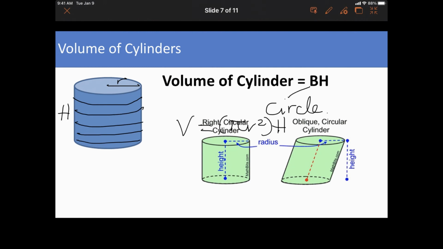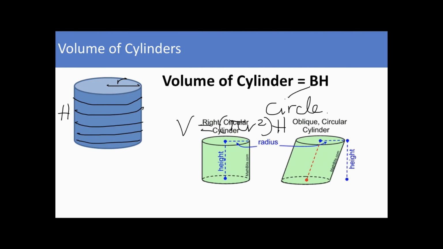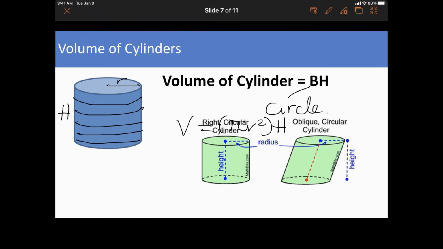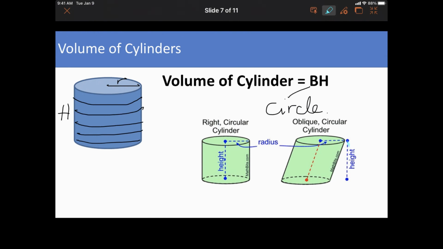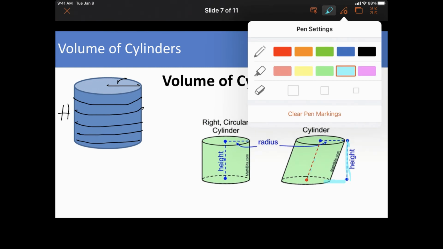Now, is it the same for a right cylinder and an oblique cylinder? Yes, it is. Knowing that the height for the oblique is a perpendicular distance, an upright distance between the two bases, the two circles, not the axis, which is here in the middle.